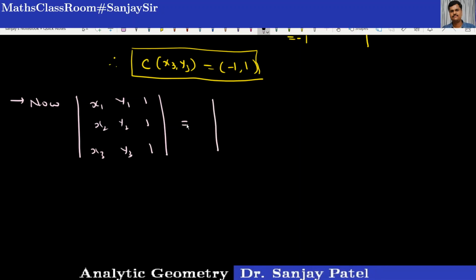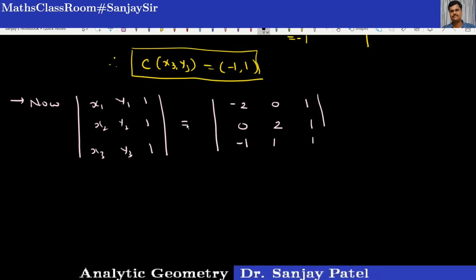If it turns out to be 0, it means the 3 points are collinear. The Cartesian coordinates for the point A, x1, y1, were minus 2, 0, and then 1. Then x2, y2 was 0 and 2, and 1 as it is. And x3, y3 is minus 1, 1.